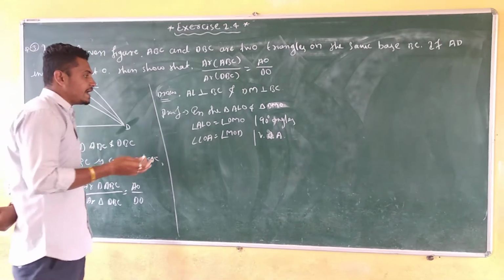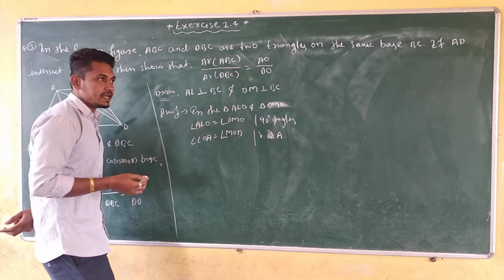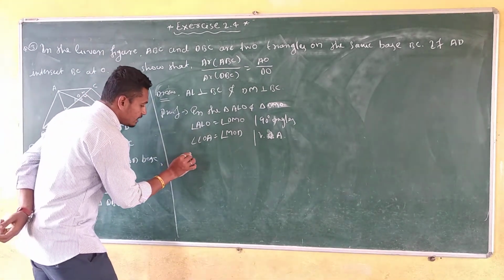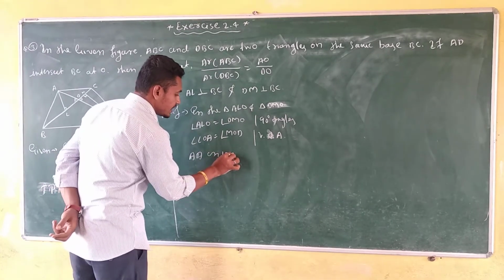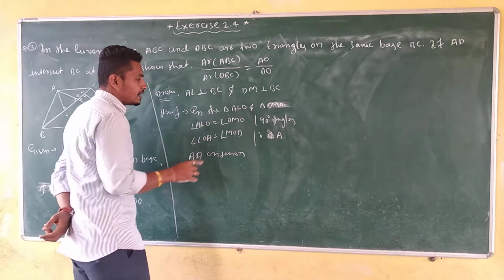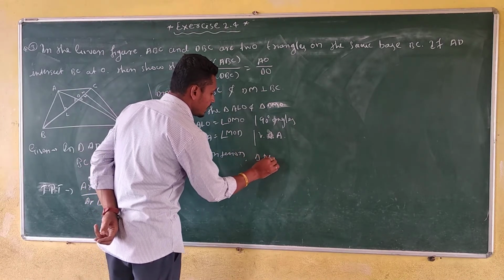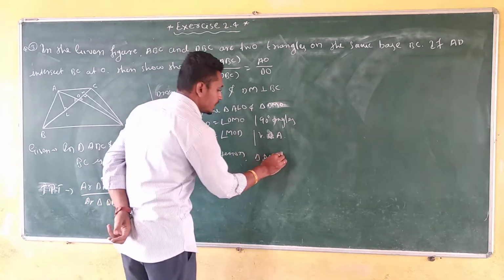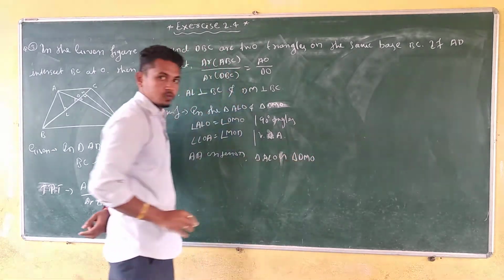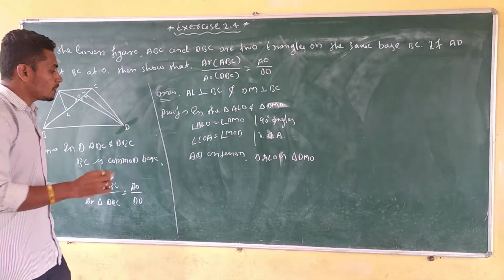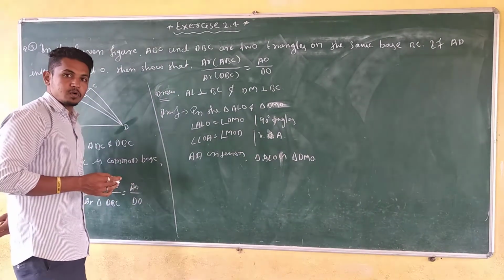Now we can say that these two triangles are similar to each other. By which criteria? By the angle criteria, triangle ALO is similar to triangle DMO.